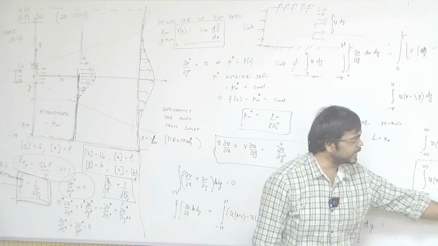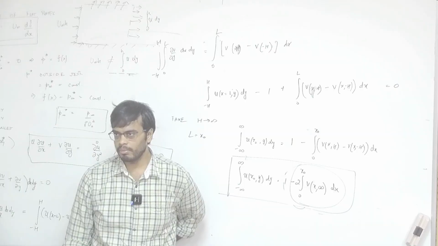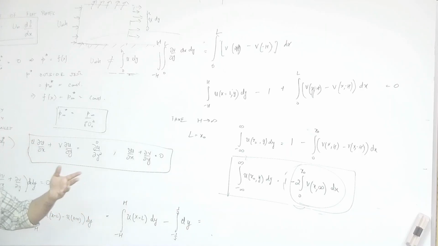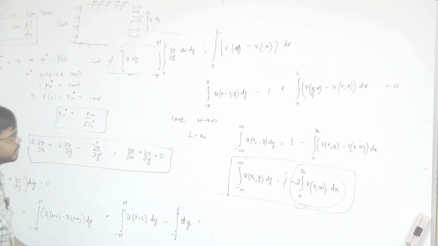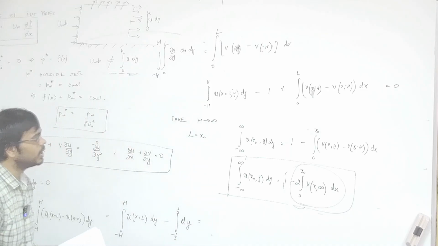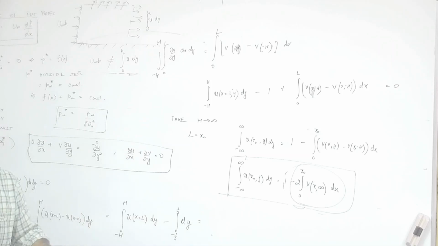So I am integrating a small quantity over a large distance. In general you cannot just arbitrarily say that v is small, so this integration is small. We are saying that it is not small, it is not infinitesimal, it is not 0.